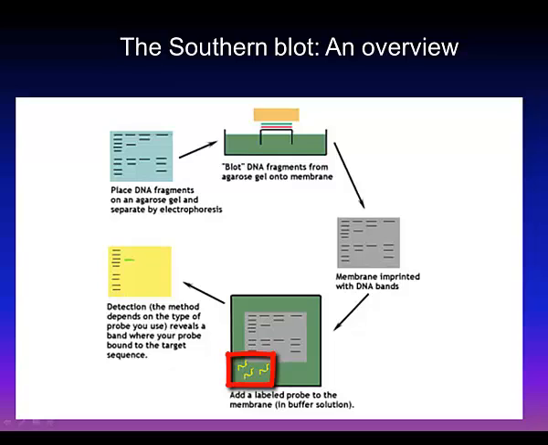And typically this probe is allowed to hybridize to these samples, usually overnight. And then the membrane is washed to remove unbound probe. And what should happen is that you should only have the probe appearing where there was a DNA sample that was complementary to it.